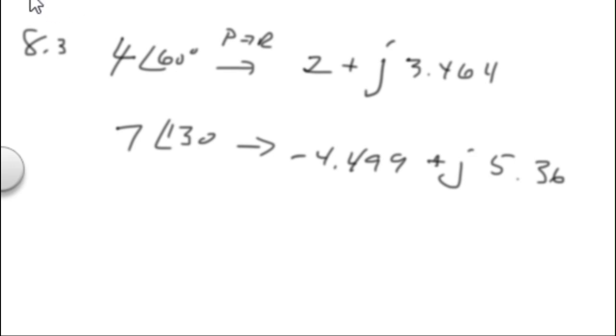So now number 4 shows some of these in polar and rectangular format. Let me just do one of those. I'll do the 2 plus j5.